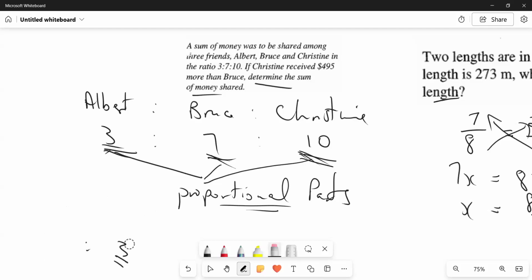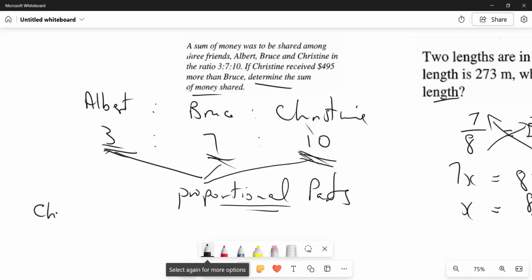Good. So now they gave us a little clue there. They said that Christine received $495 more than Bruce. So that can give us an idea as to how much is 1 proportional part, right? So when you look at this now, according to this, Christine received $495 more than Bruce. Now, how many proportional parts did Christine receive more than Bruce?